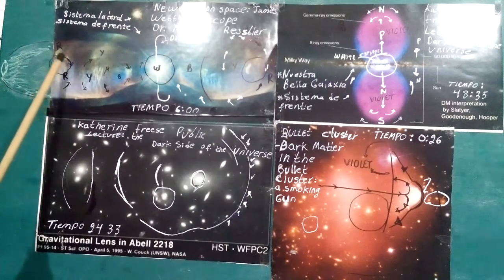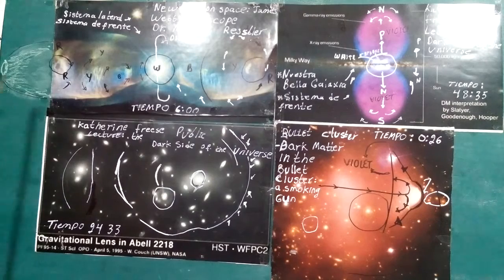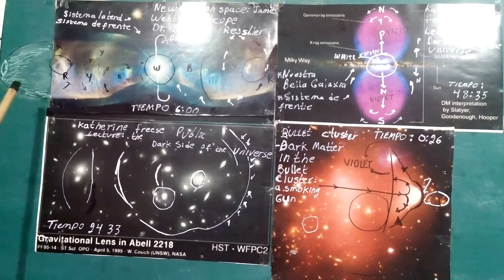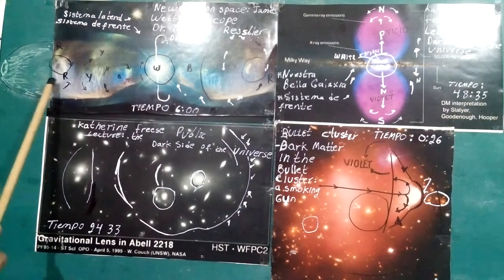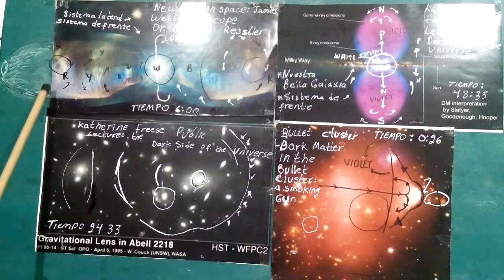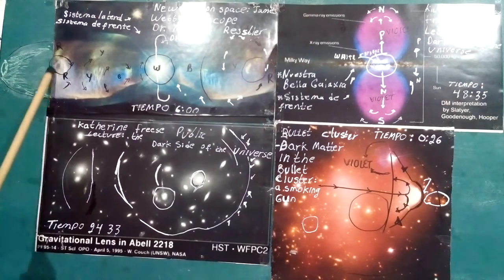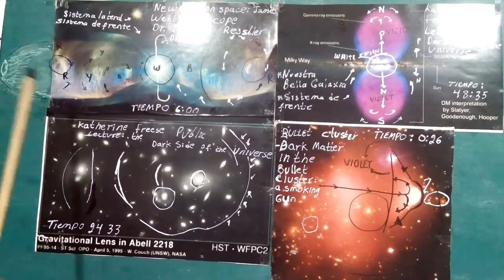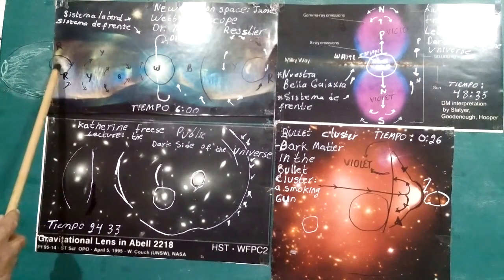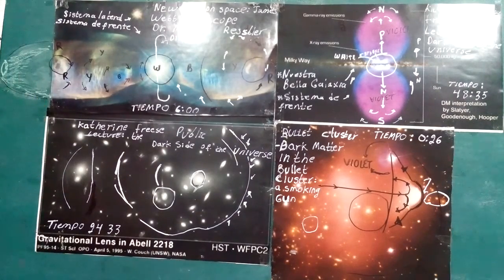Sometimes these are mistaken for Einstein's rings, as I already said, and blue Einstein rings too. This is white and black, and some are just blue. Most of them are blue. There are a few of this kind, but not many. But the more you see it, they are blue.